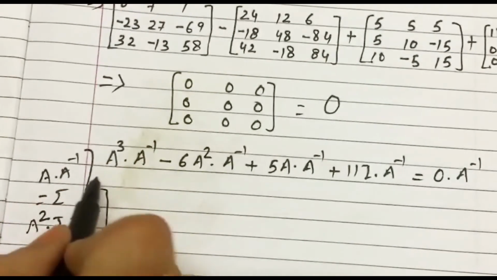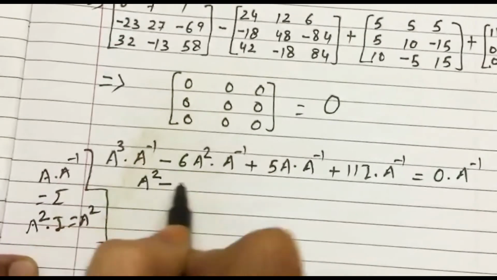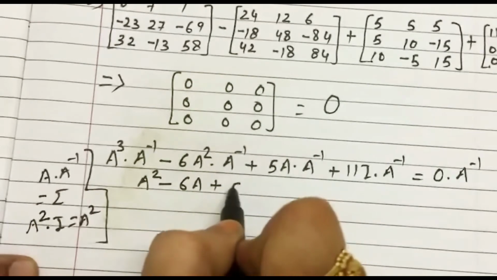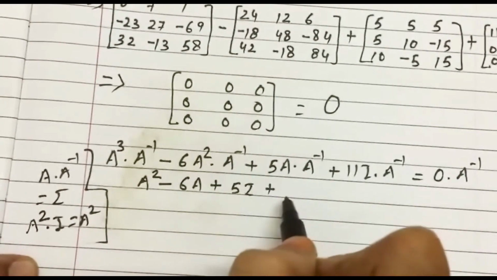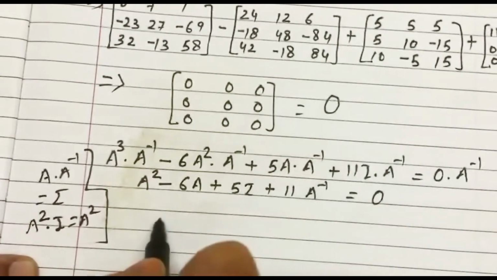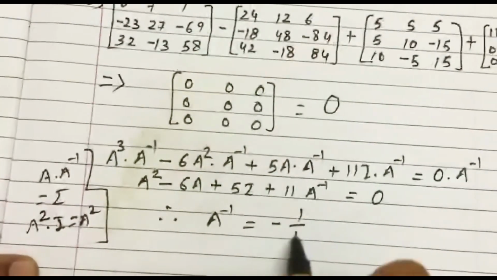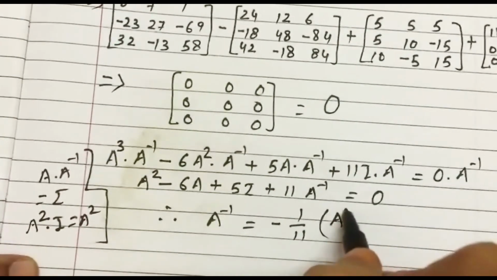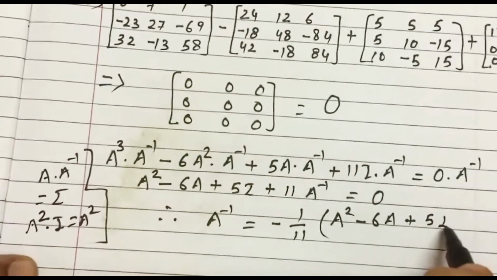Okay students, so write here A square minus, from here you will get 6A and it is 5I, and here it's plus 11A inverse and it is a zero matrix. So A inverse will be minus 1 by 11 and here it is A square minus 6A plus 5I.